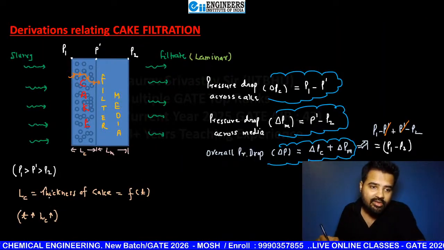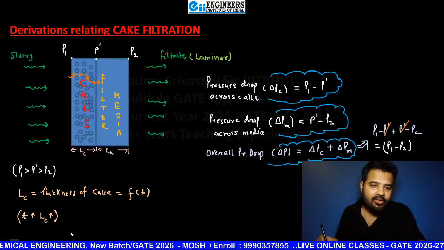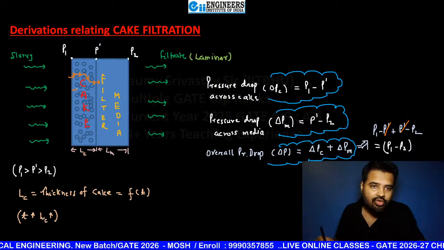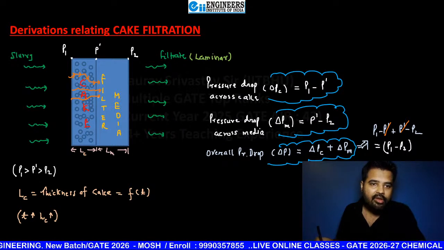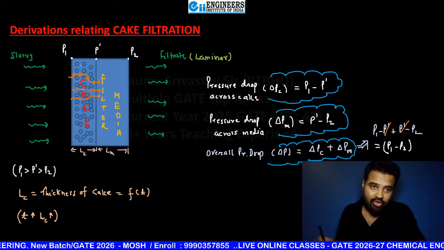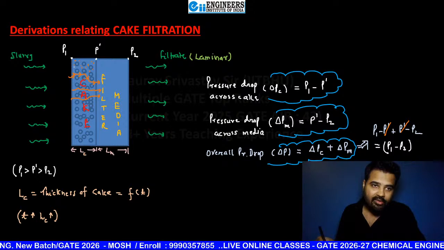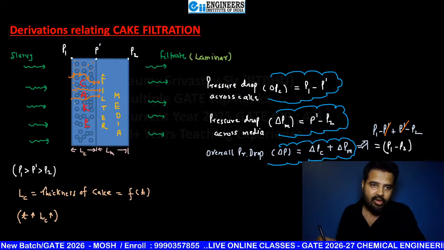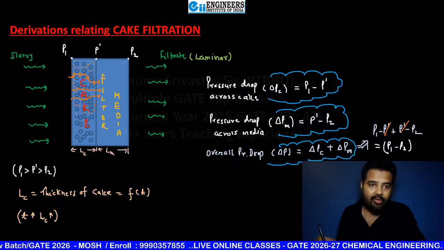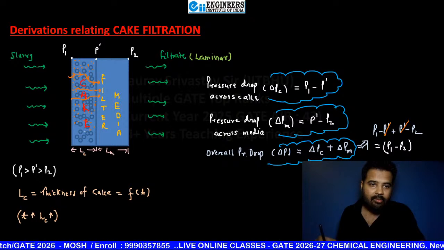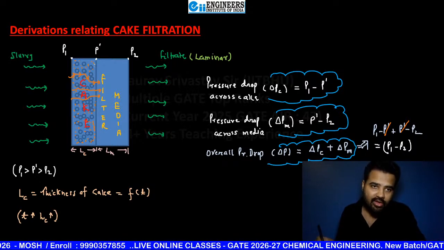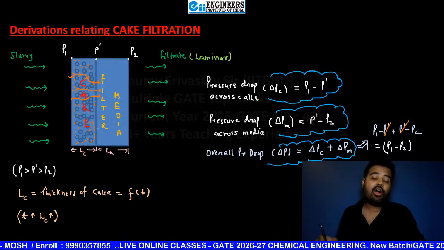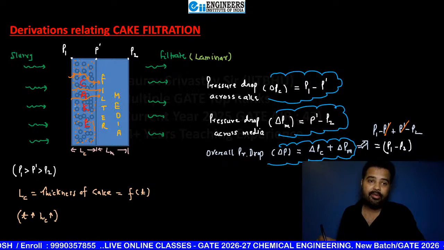Like see, these are solutions here, these are solutions that are passing through this cake. So the solution that is available inside this cake, lots of filtrate is also trapped there. If this is your solution and these are your solid particles, then you just have to check how much amount is white.